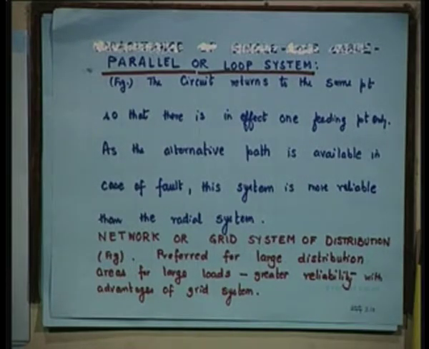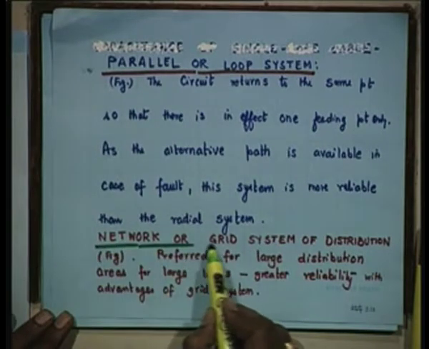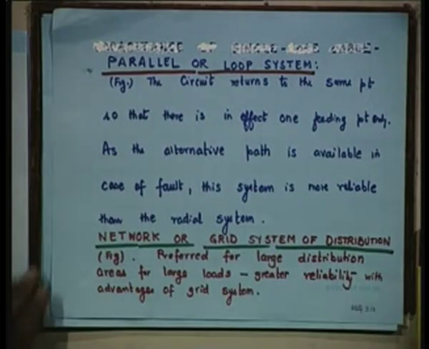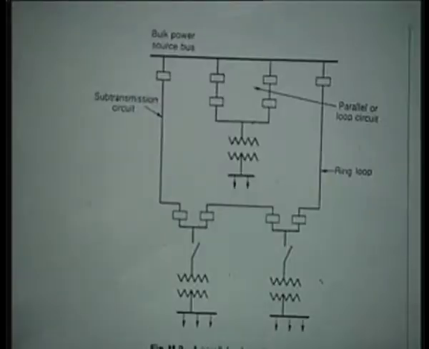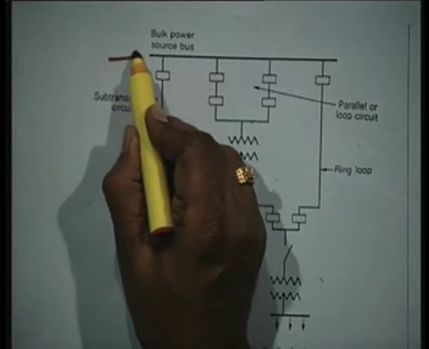Network or grid system of distribution. This is a third type. Before we go to this, let me show the figure of parallel first. We will come back to this. This is the parallel or loop distribution system. Here is a bulk power source bus.